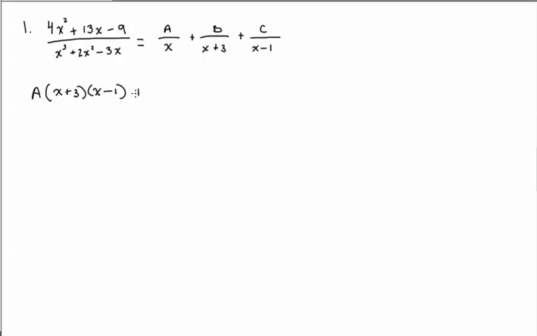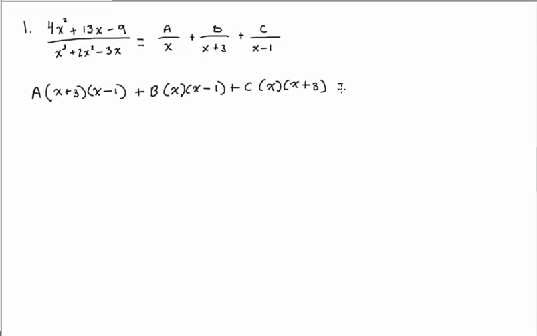Then continuing in the numerator, we would have plus b times x and x minus 1, plus c times the product of x and x plus 3. Now this would all be over the common denominator of x times x plus 3 times x minus 1. But in this process, all we need to do is look at the numerators.